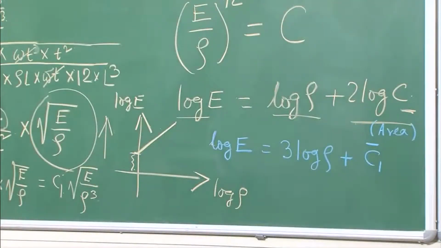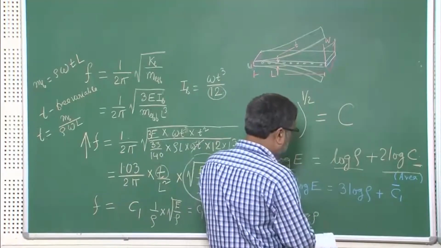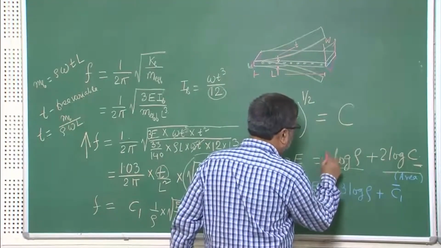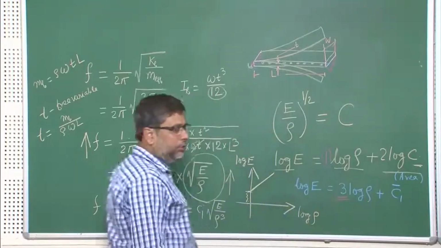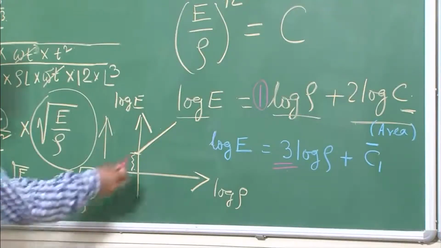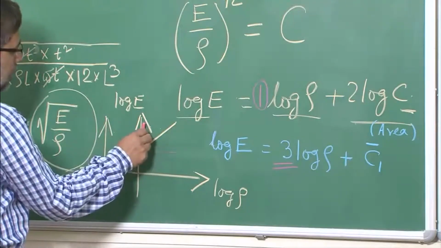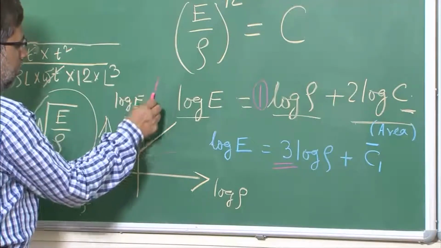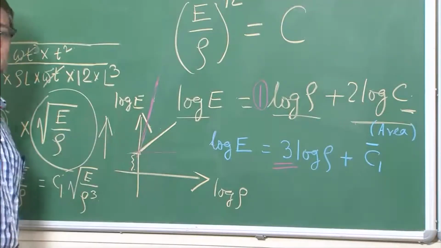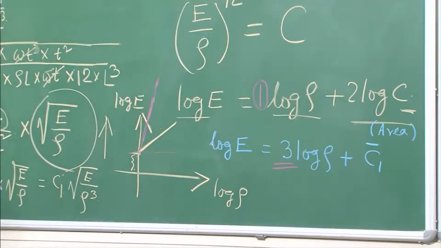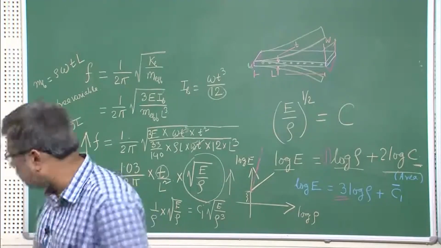You can evaluate it, but the important thing for me is that here it was unity, here it was unity, and here it is 3. That means the slope changes. This slope, which is 45 degrees for us, changes in the next case. So, this changes the nature of the solution.